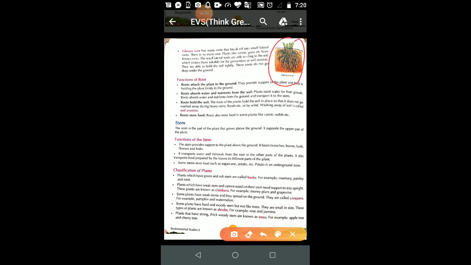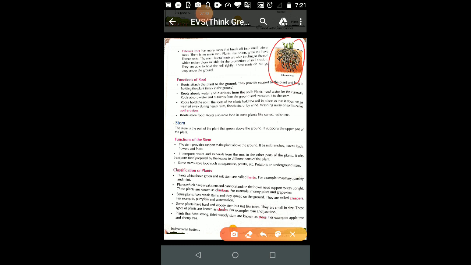Climbers: plants with a very weak stem that need support to grow. Maybe they take the support of some other plant or wall or a stick. Is it clear?